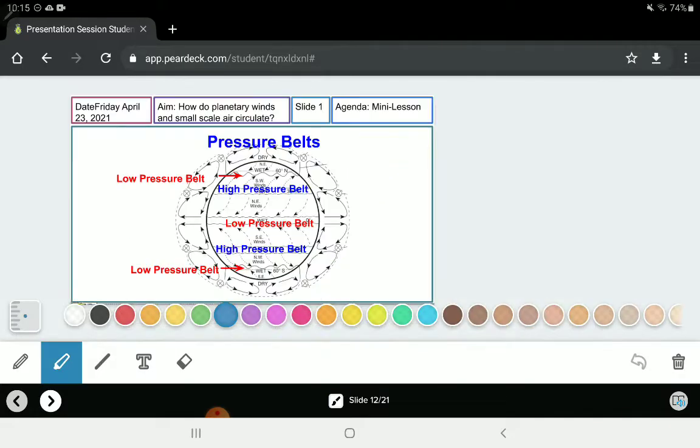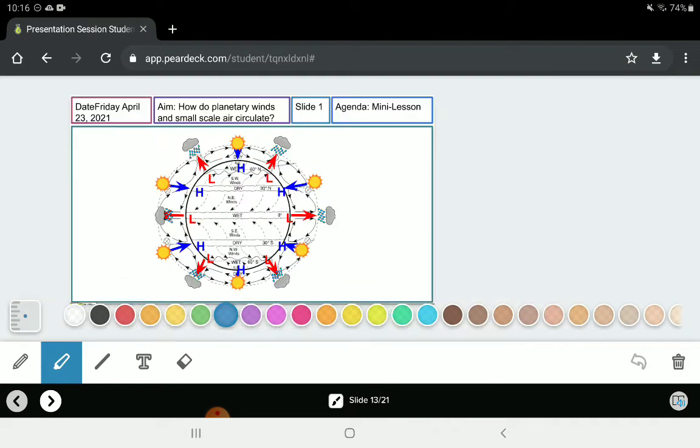Alrighty, next slide. So we have these pressure belts. We've already shown this a little bit. So you guys are going to label these. Where we have cool, dry air, those are going to be high pressure belts, because remember the air is falling towards the Earth's surface, whereas our low pressure belts, that air is rising. So I just want you guys to use the text tool and add those in there.